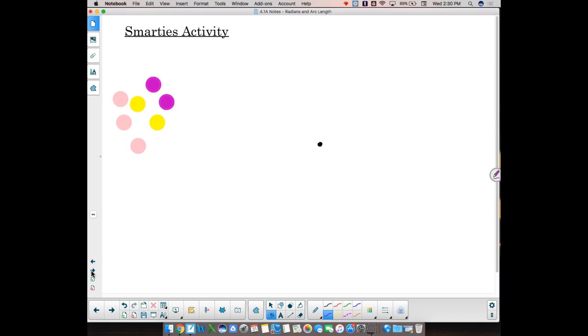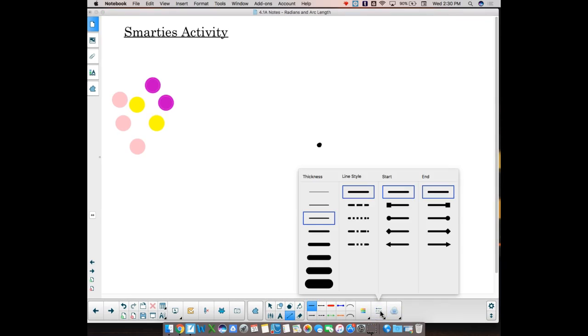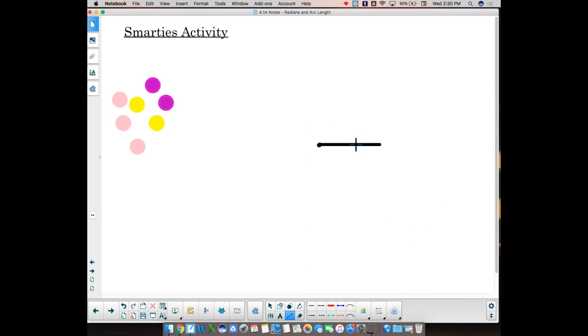Then, utilizing your straight edge, draw a line segment straight out to the right coming off of your dot. Any length. Go all the way to the edge for now.